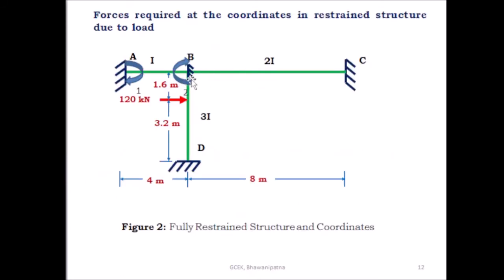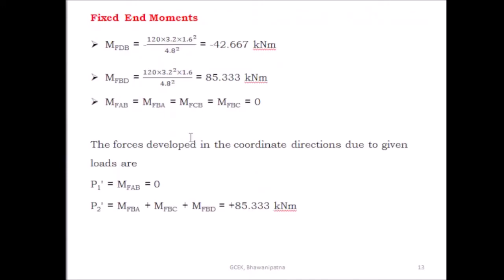Similarly, MFBD is equal to plus W a square b by L square, which is plus 120 into 3.2 square into 1.6 divided by 4.8 square, equal to 85.333 kilonewton meter.